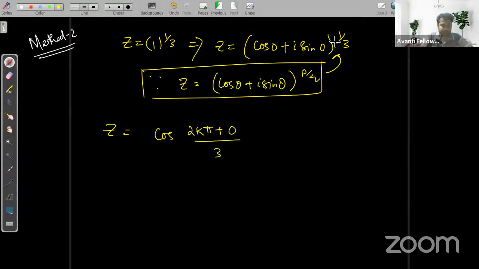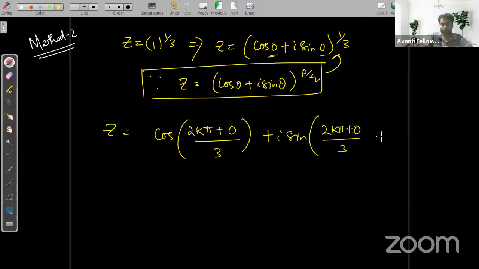Here theta is 0, p is 0. So cos (2k pi + p) by q plus i sin (2k pi + 0) upon 3.